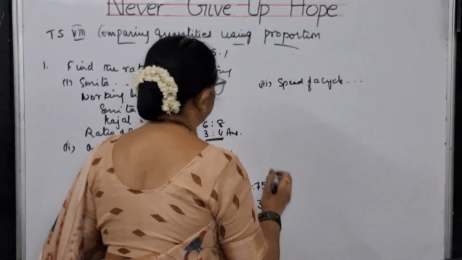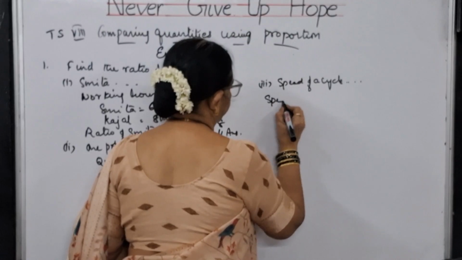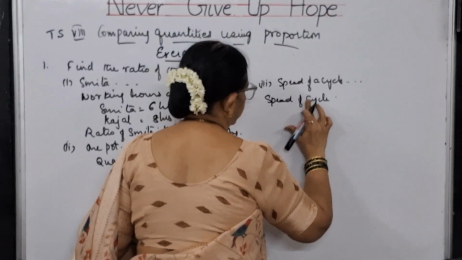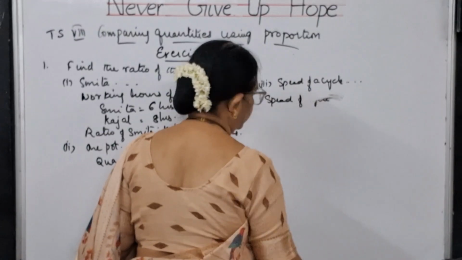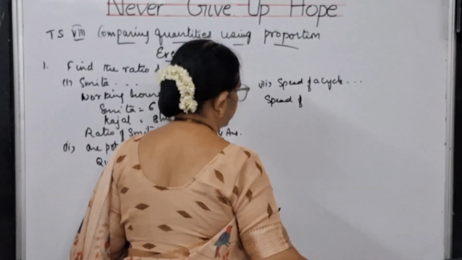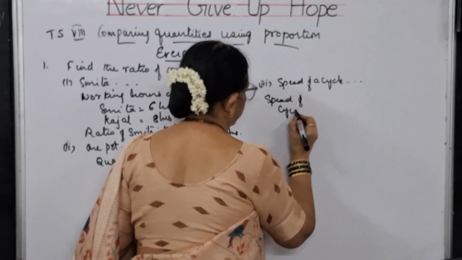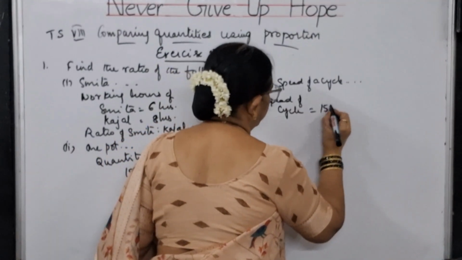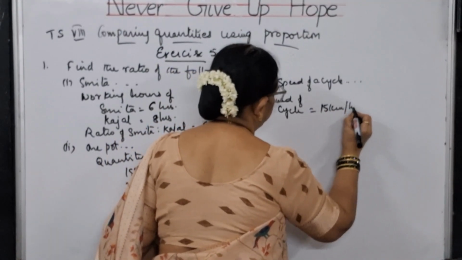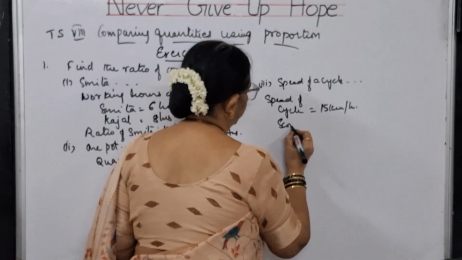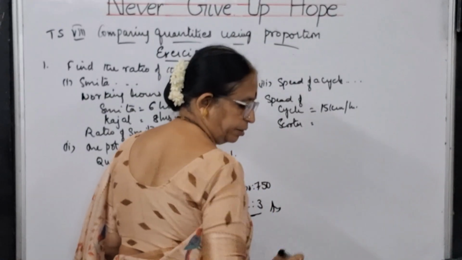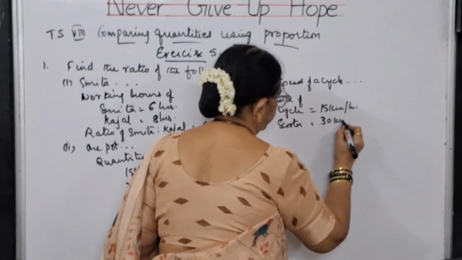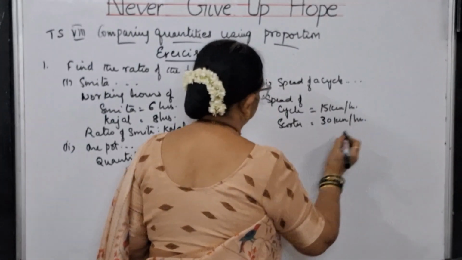So, speed of cycle is equal to how much they have given? 15 kilometers per hour, and scooter, how much they have given? 30 kilometers per hour.